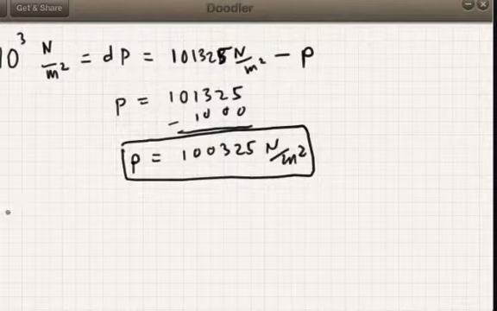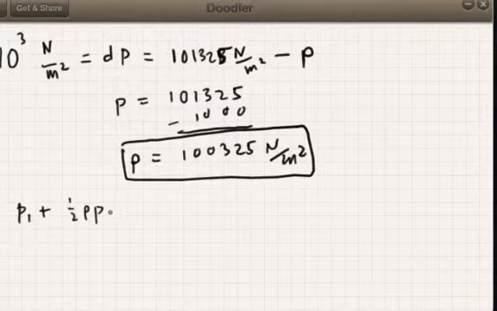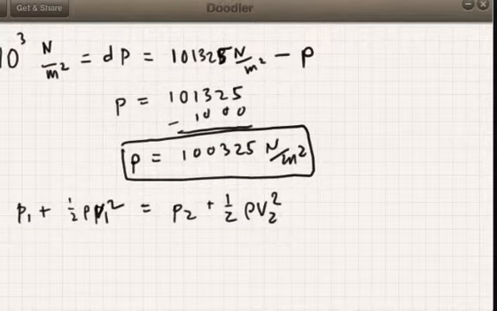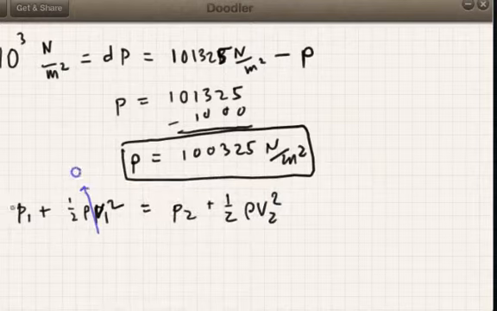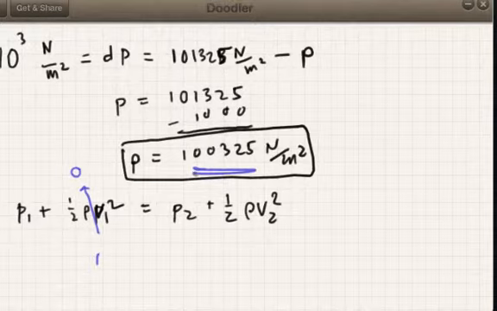If we go back to the Bernoulli equation, we know P1 plus 1/2 rho V1 squared equals P2 plus 1/2 rho V2 squared. We established that the initial velocity essentially is nothing. What we did is calculate P1 minus P2, which is this value right here.